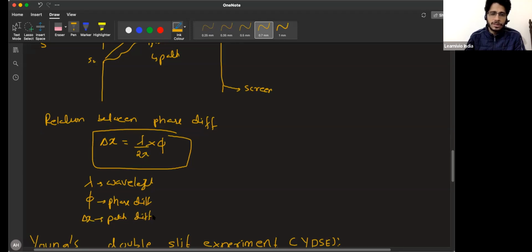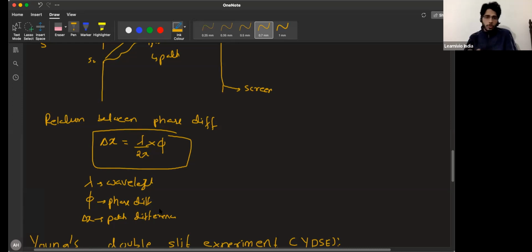Although all these terms are not given in NCERT of class 12, without these terms you can't do interference. Diffraction was not covered in great detail in your syllabus, this is just an introduction of diffraction. You didn't derive the equation for diffraction, but interference is in very, very great detail.